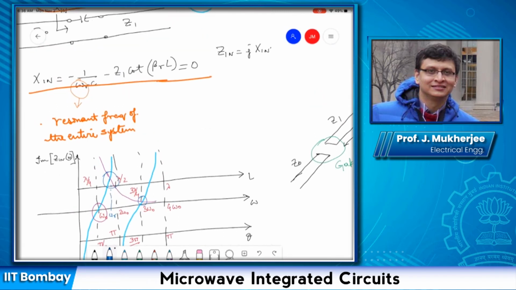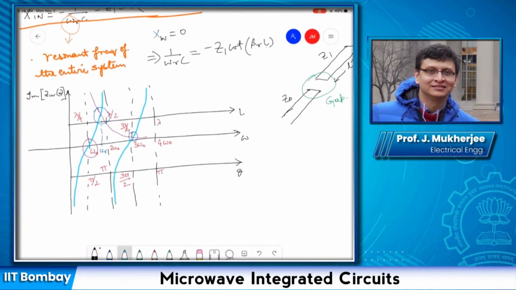Because if we go back to this equation, X in equal to 0 implies 1 by omega r C will be equal to minus Z1 cot of beta r l.